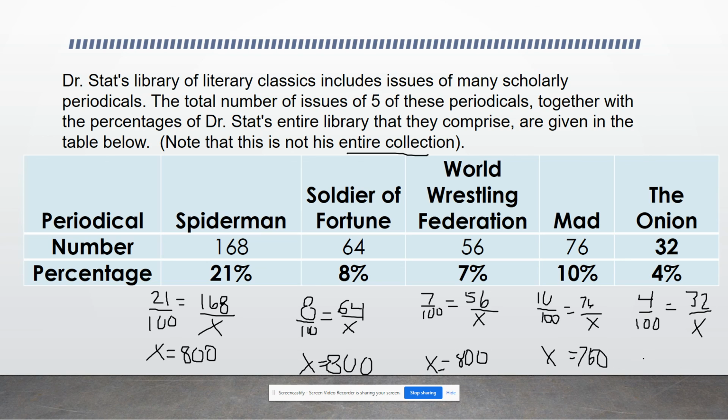If I cross multiply, that gives me x is equal to 800. Okay, so is one of these not like the rest? Yeah. This guy right here, this Mad Comics, doesn't have the same whole as the rest of them. So I would say this 10% is probably not correct.